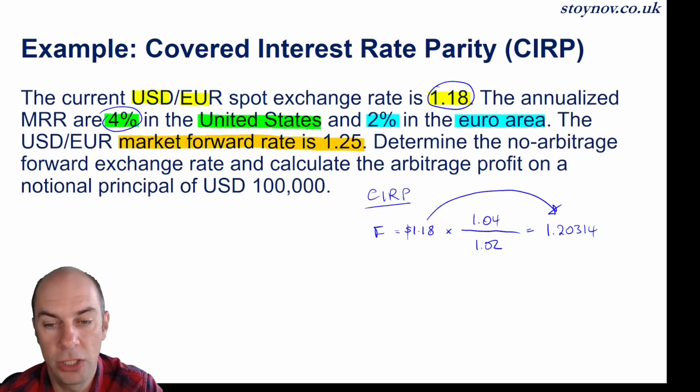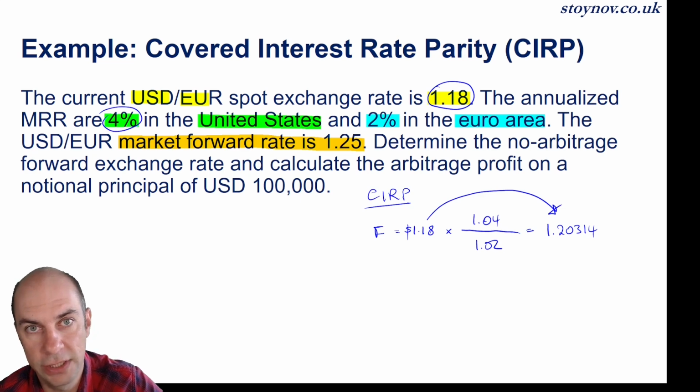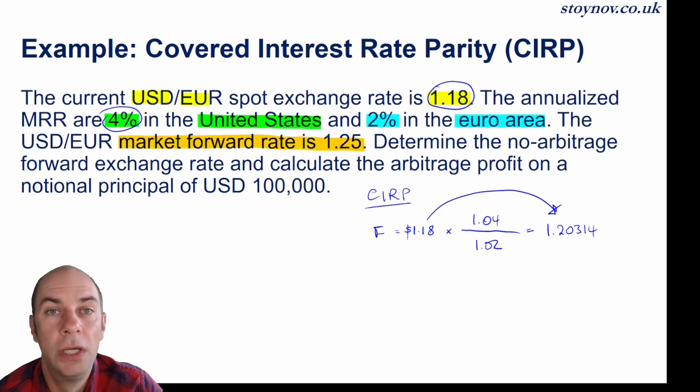So you can see here that the euro is trading at a forward premium, or should be trading at a forward premium. €1 in the future should buy more dollars. The reason for that is that the dollar is the high-yielding currency. So again, a carry trader, if I were to borrow in euro at 2, lend in dollars at 4, I'll be producing a +2 profit or interest rate differential on the currencies.